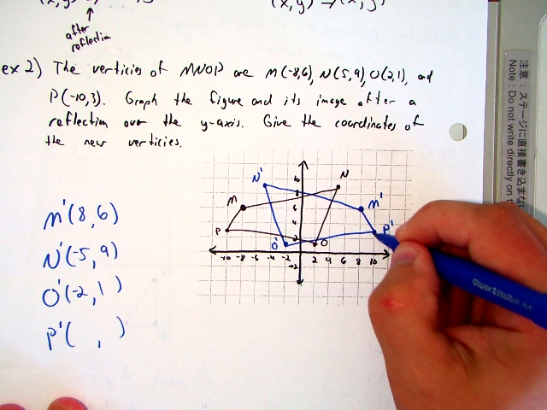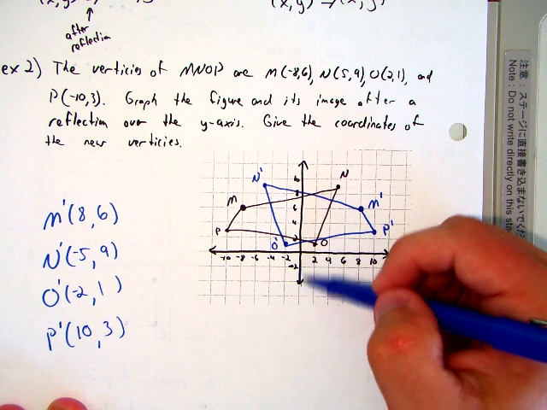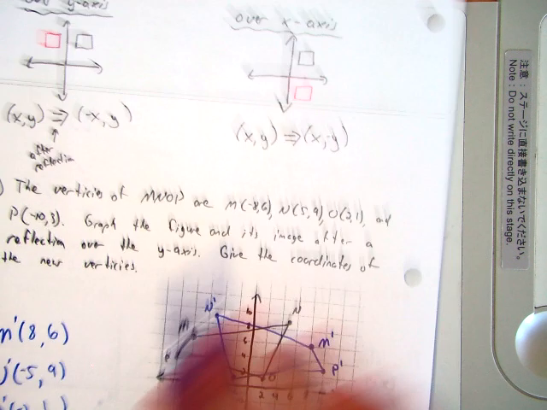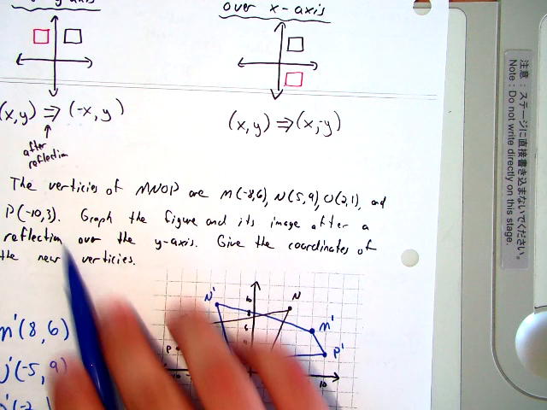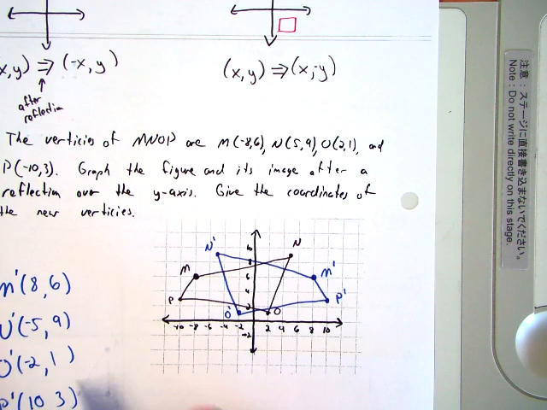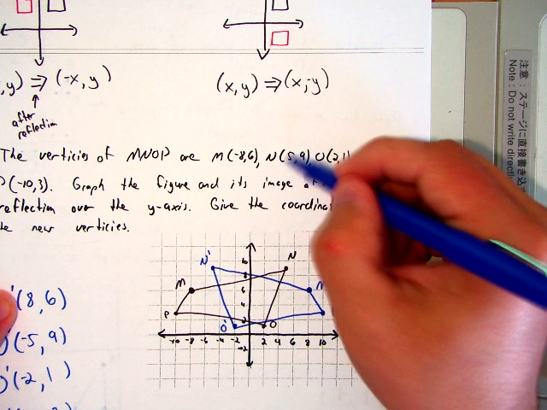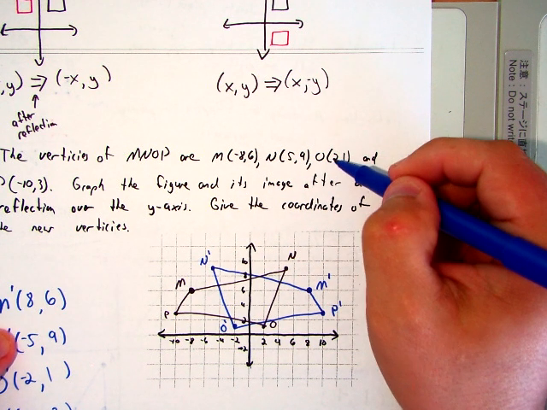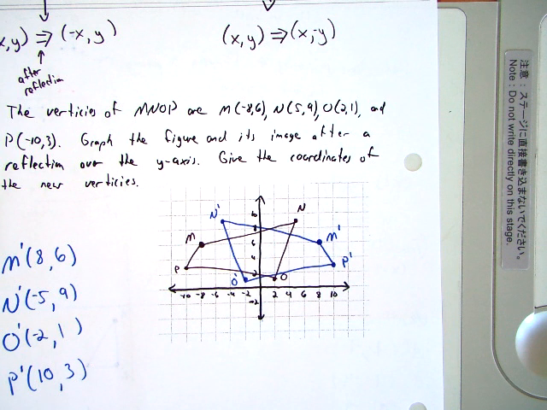And P prime is at 10, 3. Notice how I reflected it over the y-axis. So all of the y values stayed the same. And it was the x values that became its opposite. So negative 8 became positive 8. 5 became negative 5. 2 became negative 2. And negative 10 became positive 10.